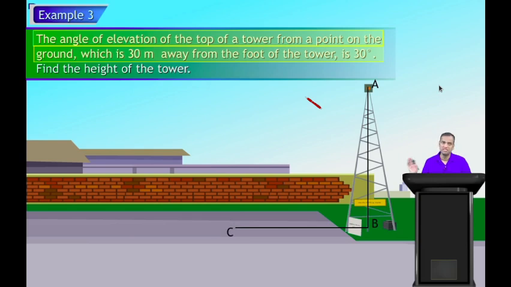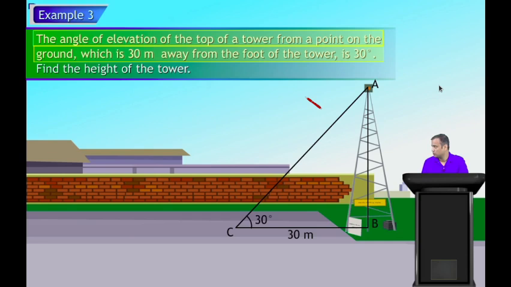So we can pick this point as C. Okay, so this point is C. It is 30 meter far from the foot of the tower. Now it is 30 meter. And if we connect A to C, then we get the right angle triangle ABC. So this is our figure.